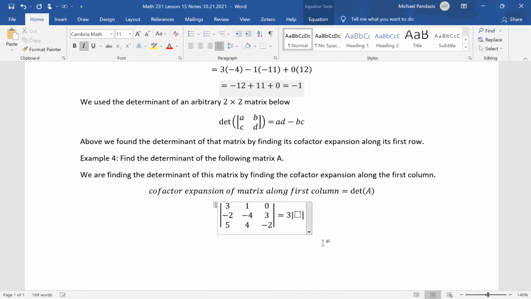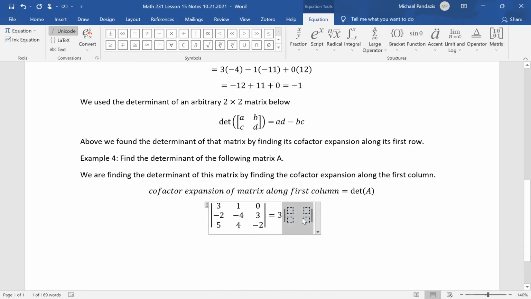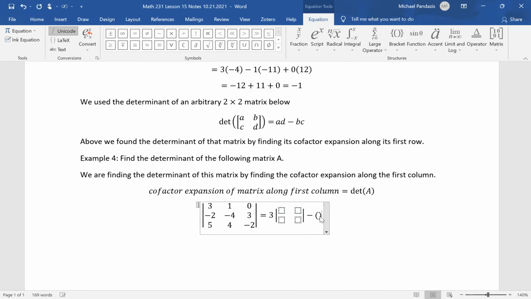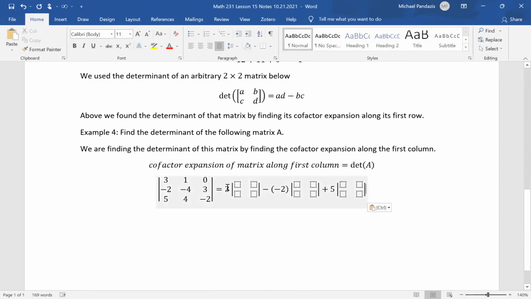Again, you're going to take each entry in the first column. First you keep the first entry the same, then it's minus the second entry, then plus the third entry. Each one is multiplied by the determinant of a submatrix.